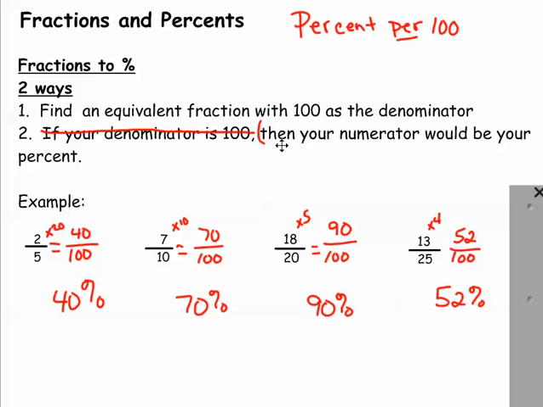So you can start right here. Your numerator will be your percent. So you're going to add a percent sign. Okay, don't just put a percent sign here. Rewrite the whole problem, or rewrite the answer there, because this is my final answer. All right, so write down your steps, write down your examples, pause the video, and then come back, and we'll go to the second way.